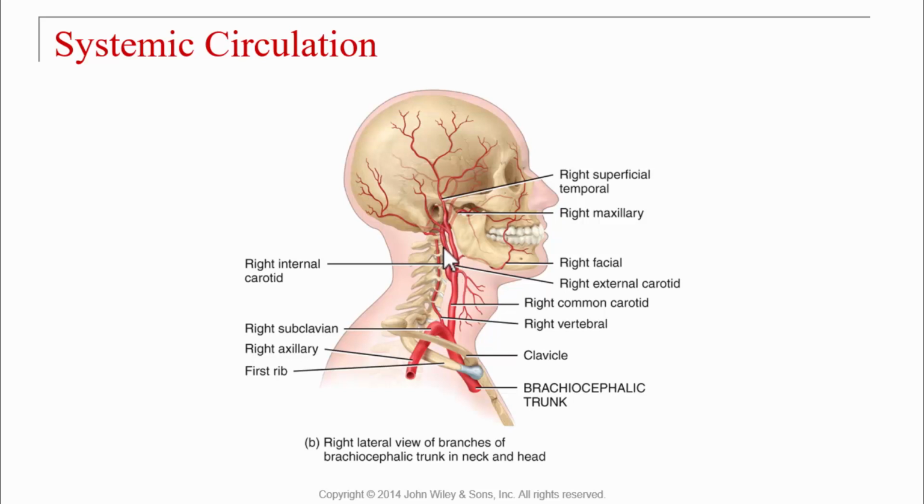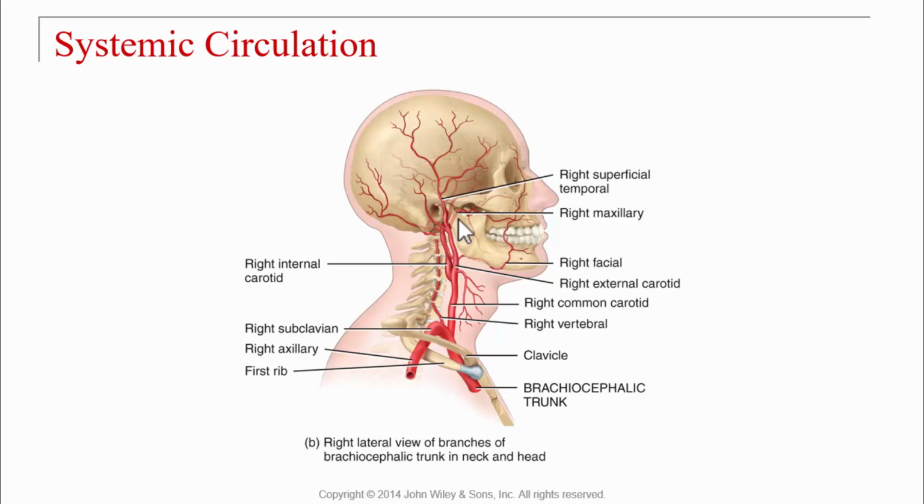It's going to then go through the carotid canal within the skull, and it'll become part of what's called the circle of Willis. Okay, and as you can see, the superficial or external carotid is going to be more superficial and have more superficial branches like the facial artery and the temporal artery that then feeds the scalp.